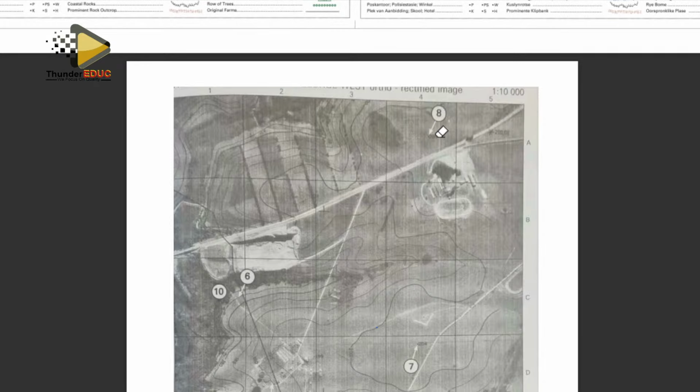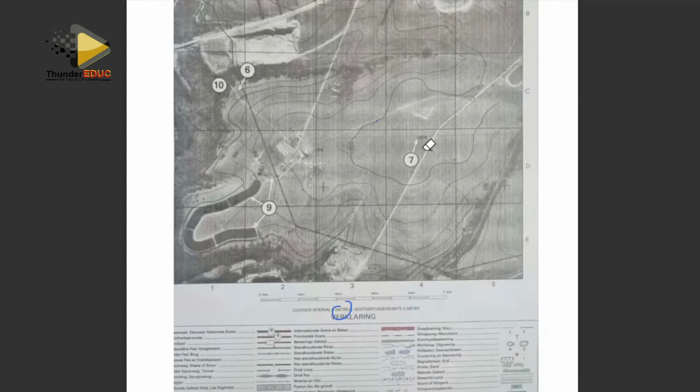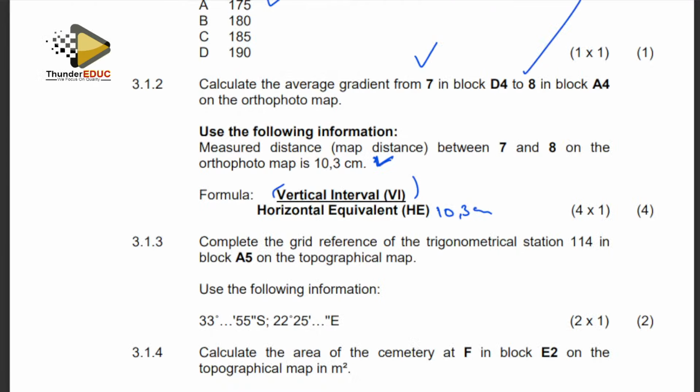So we have this place and we have the other one. So the height of this place here is 209. I don't know if you can see. And the height for this one is 204. So we have 209 and 204. Which one is bigger? This one is bigger. So VI is going to be 209 meters minus 204 meters.